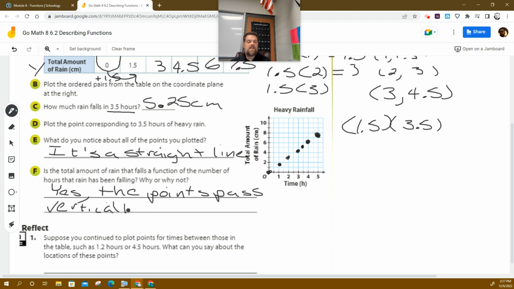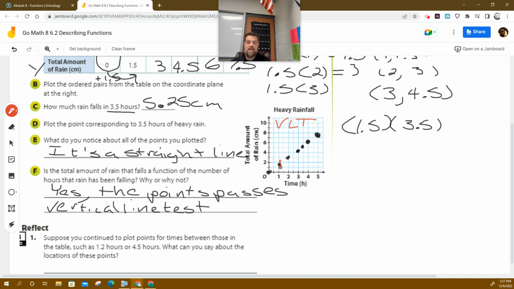Now, what does that mean? Passes the vertical line test. Well, the vertical line test doesn't tell us it's a straight line. We could see it's a straight line. We don't need to test. But remember that the vertical line test says that if I draw a vertical line anywhere on this, I'm only going to cross the graph once.